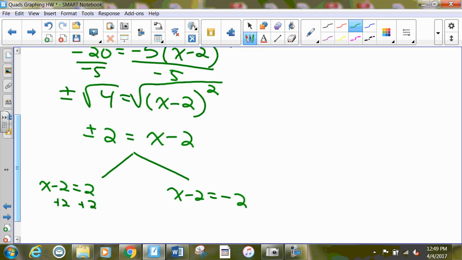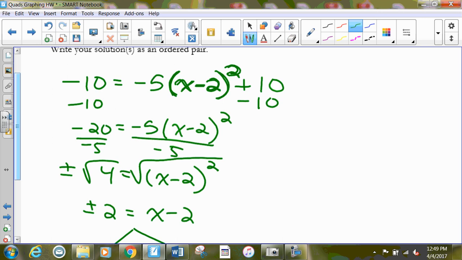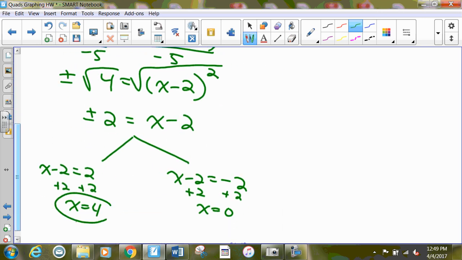So I have x equals 4 and x equals 0. What do these x's even mean anyways? Oh, that's right. We put negative 10 in for y, and when we did that, we got that x equals 4 and x equals 0, which means that when x is 0, y is 10, right?